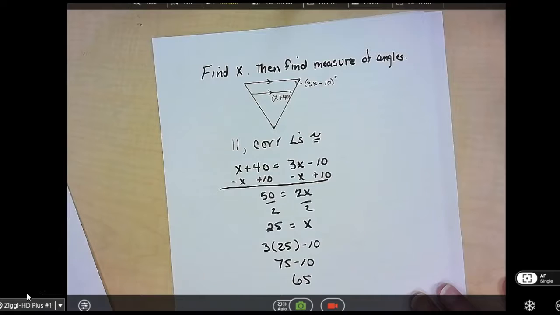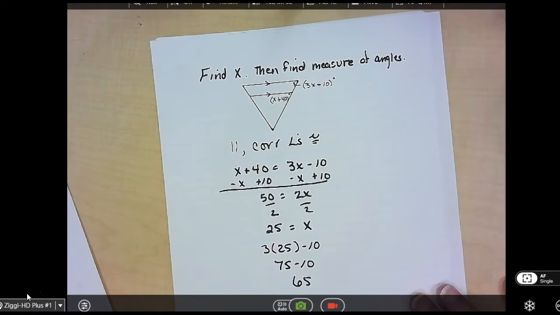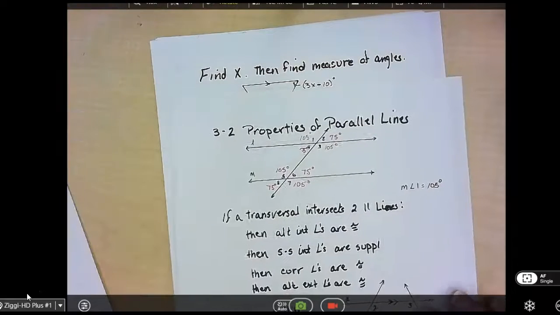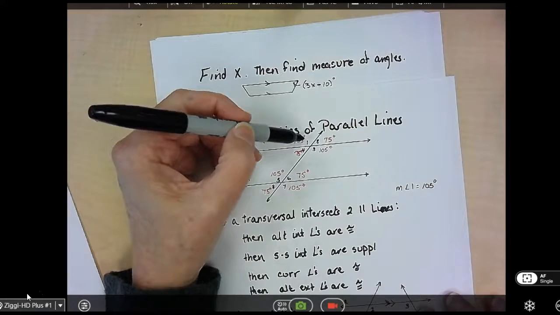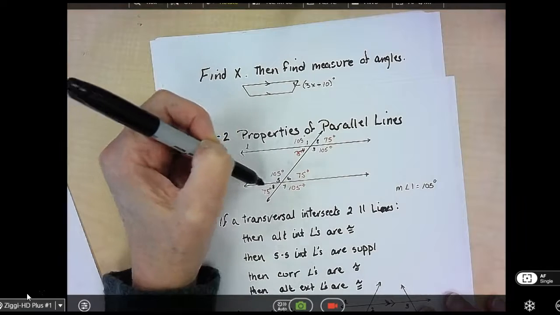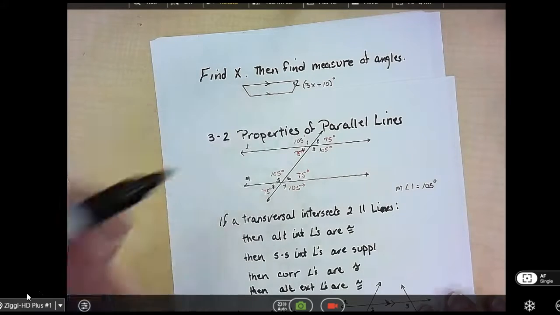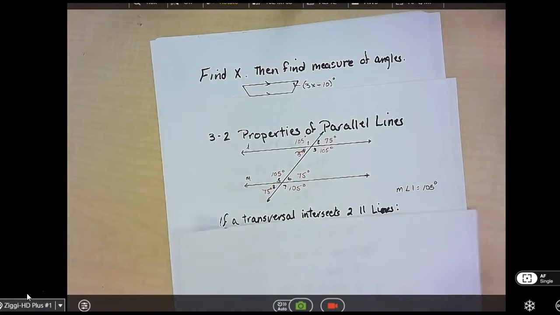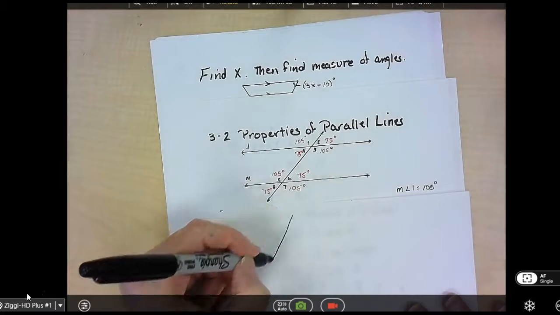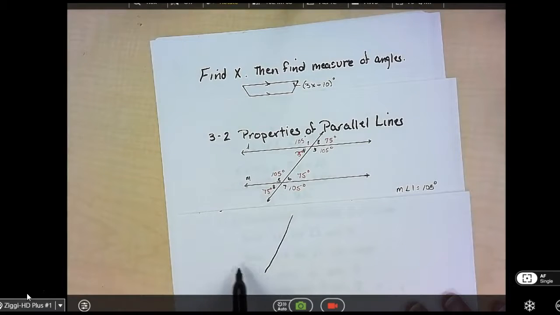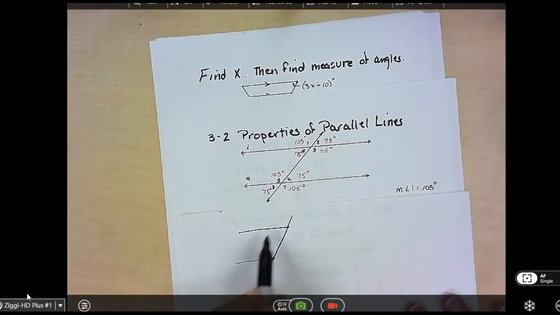The other thing I was just thinking I didn't show you is that when we have our parallel lines, our corresponding angles kind of make an upside down F shape. When you have your transversal, your angle here and your angle there are corresponding.